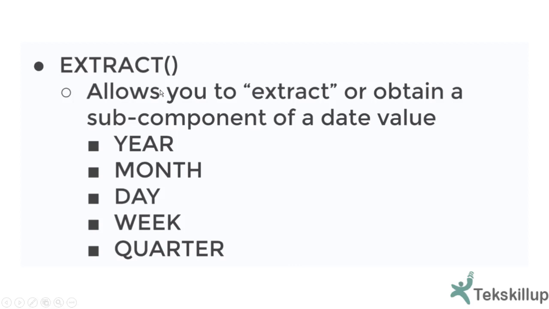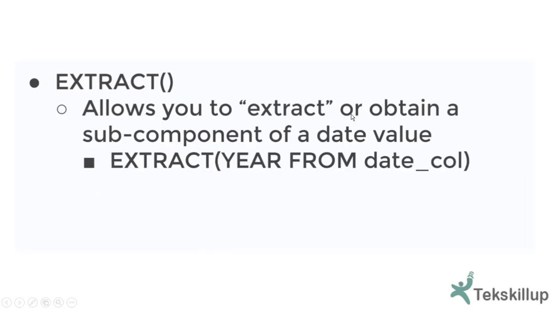For example, if you have a column containing a payment date, and this payment date may have year, month, day, and other time zone. So using the extract function will let you extract maybe either the year or the month or the day or week or quarter of the year.